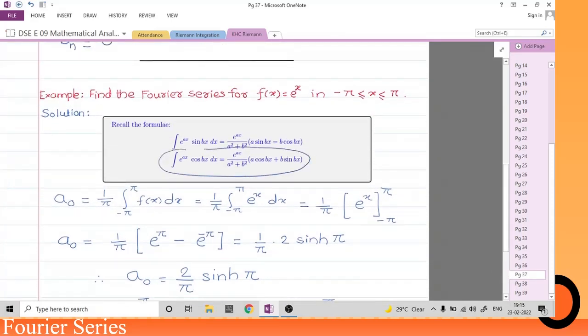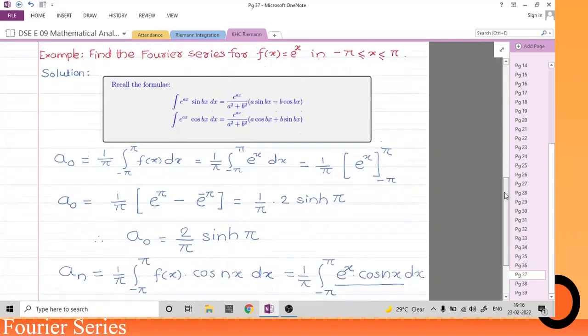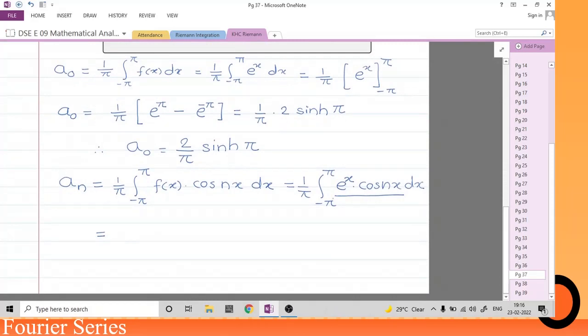From this we use the first formula for cos. Simple idea, e raised to ax upon a square plus b square, a into plus b into, for cos remember this middle positive sign. Values of a and b can be obtained from: the value of a can be obtained from the e raised to x term, and the value of b can be obtained from the cosine term.